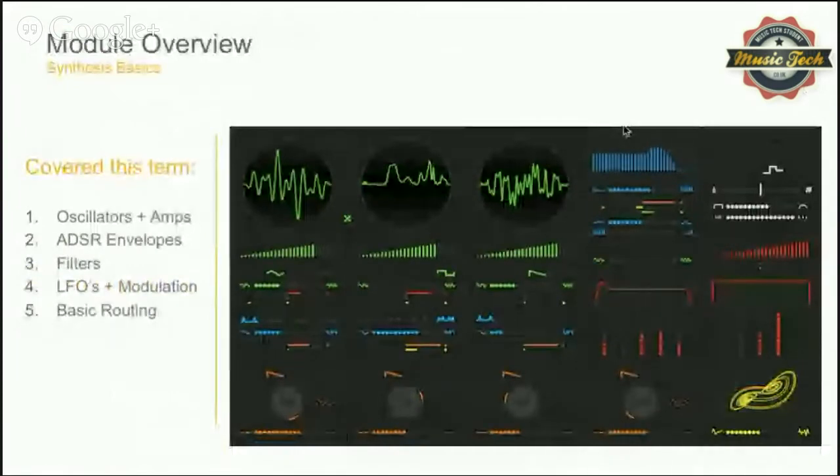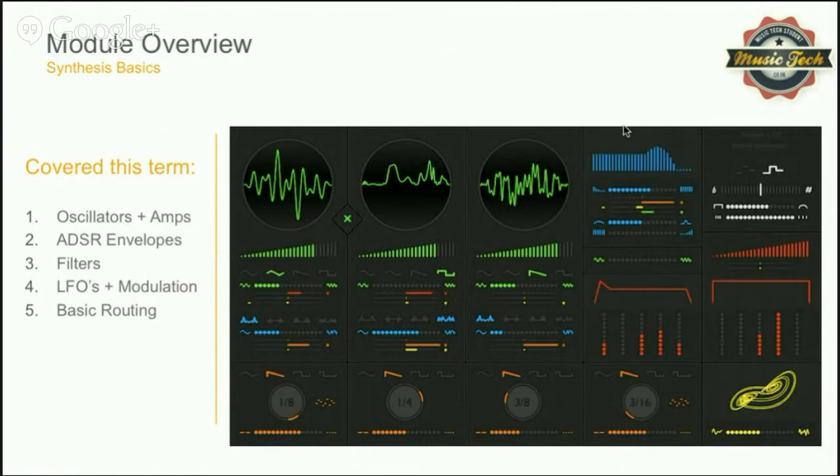So, what we've covered in the last few weeks, we looked firstly at oscillators and amplifiers. If you missed those episodes, please feel free to catch them on musictechstudent.co.uk. Then we looked at ADSR enveloping, how to shape the oscillator sound. Then we looked at filters and how filters work to manipulate the frequencies within the sound.